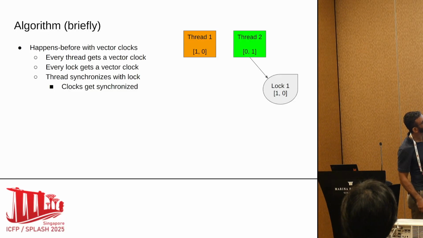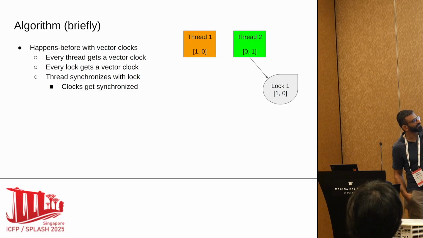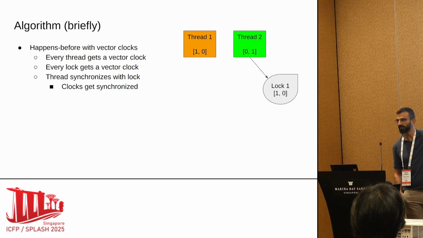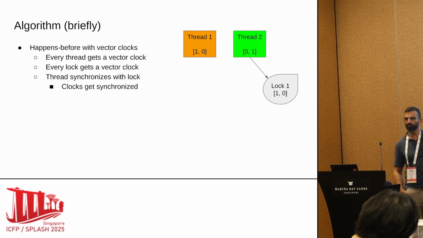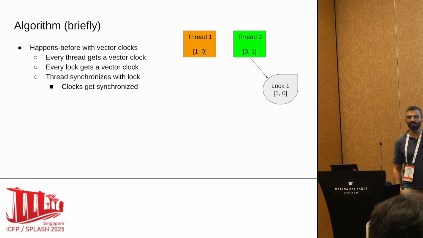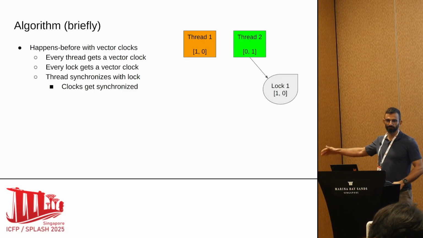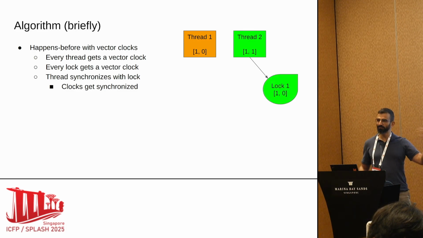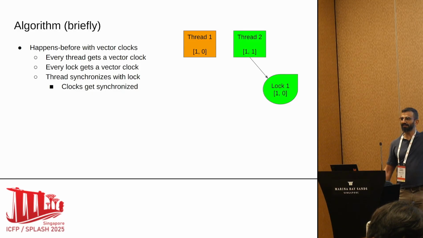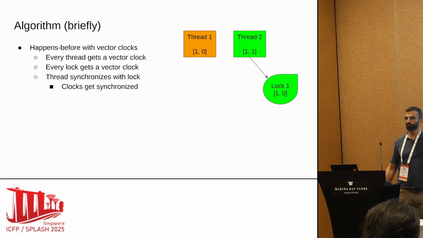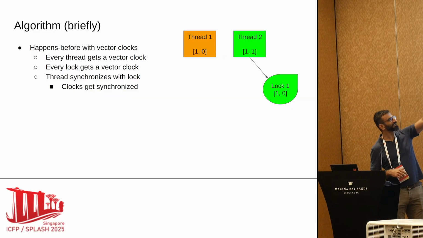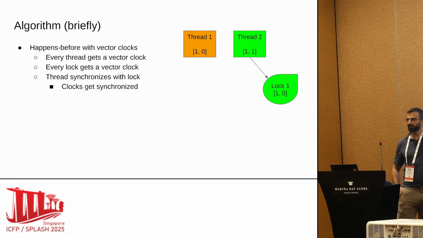So we take the vector from thread 1 and we save it. We add it to whatever is stored in the lock. This is the information. This lock now knows that thread 1 has advanced at least up to that point. And then when the lock gets locked by thread 2 it's going to find that out. So now thread 2 knows via the lock that thread 1 has advanced at least up until time 1.